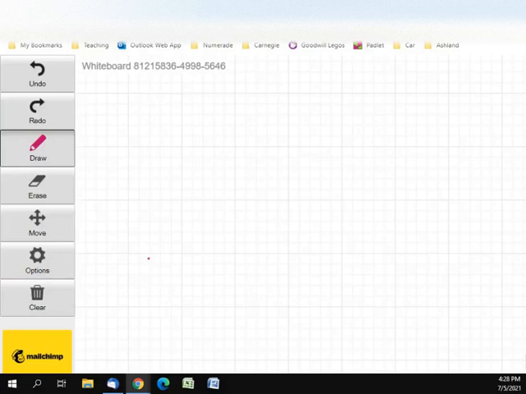And let's see. E. coli has a mass of 1 picogram, which is 1 times 10 to the negative 12th grams.